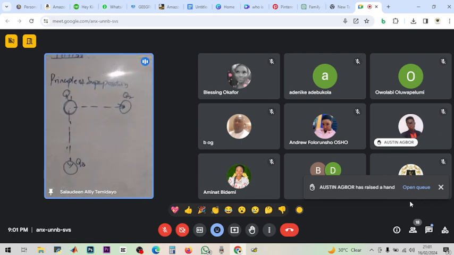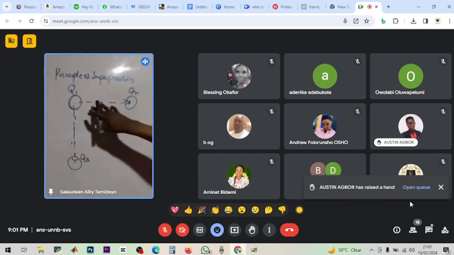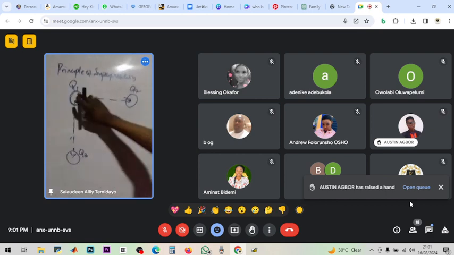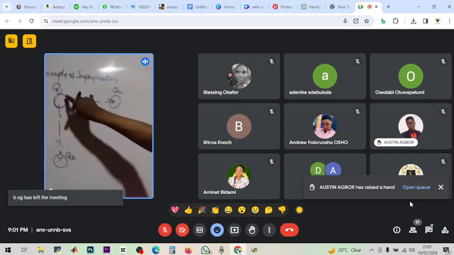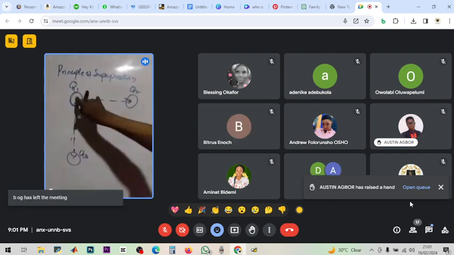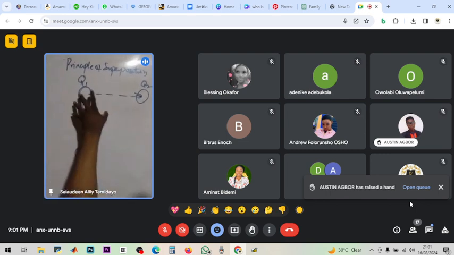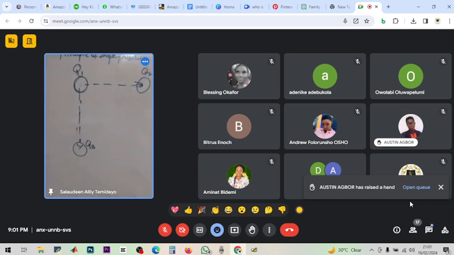So we talked so much about charges. We stated the fundamental law of electrostatics, or static electricity, that like charges repel, while unlike charges attract. Now look at this Q1 and Q2. There will always be an effect between them, the effect of this charge on this one. Either they attract each other or they repel each other.